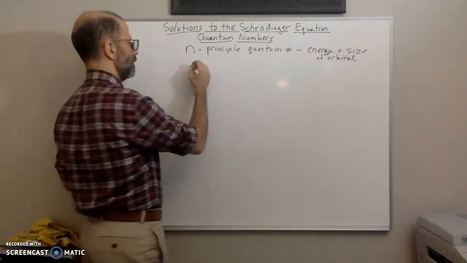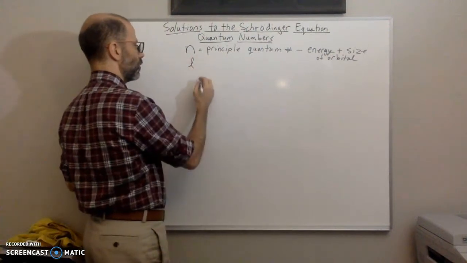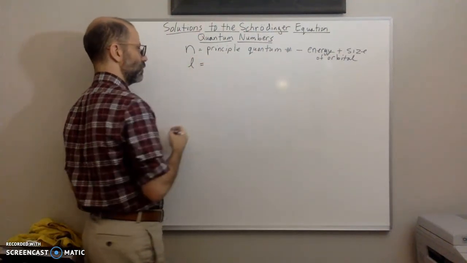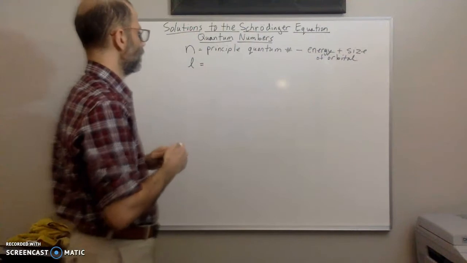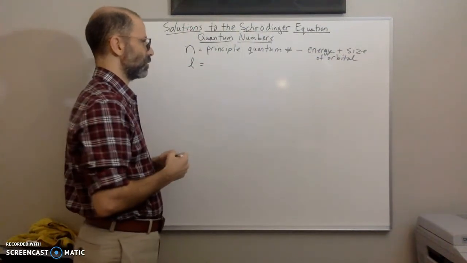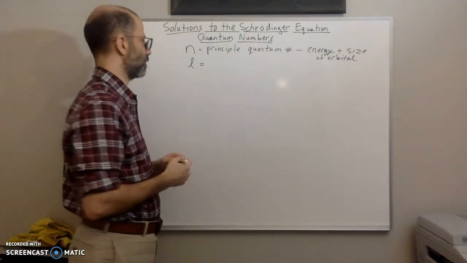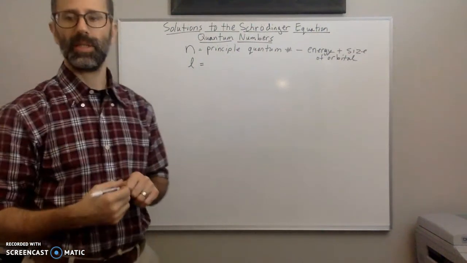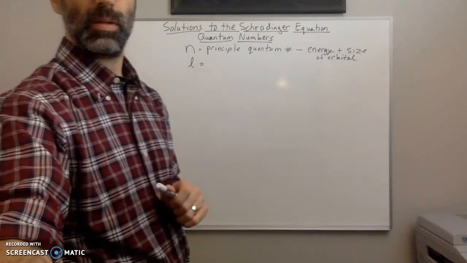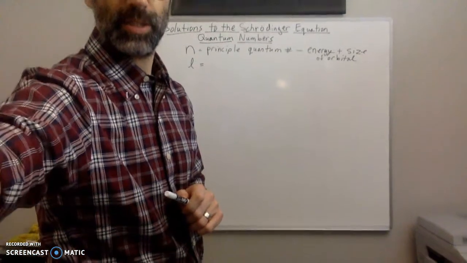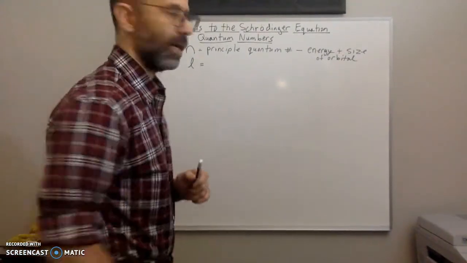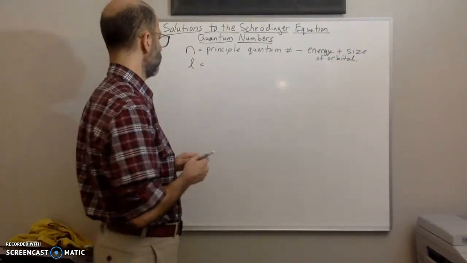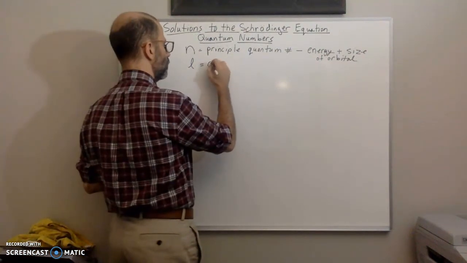The next quantum number is l, and this is referred to as the, not the magnetic quantum number, but the angular momentum quantum number.